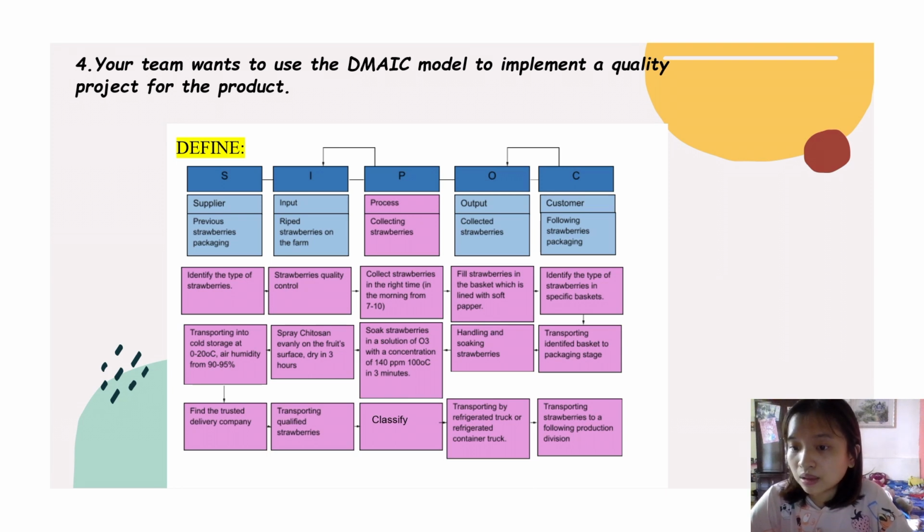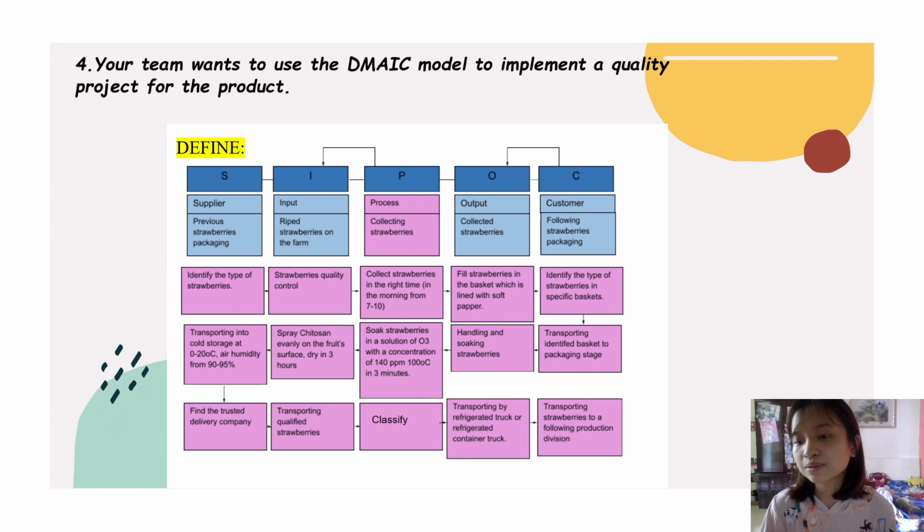Defining the problem: 40% of the total strawberries delivered to nearby customers do not meet the standard, 30% of strawberries do not have the quality as ordered, 8% are late deliveries, and 2% are other mistakes.